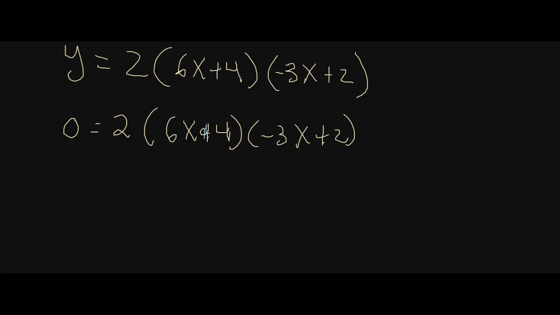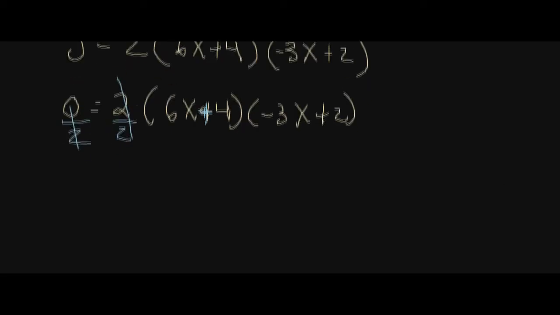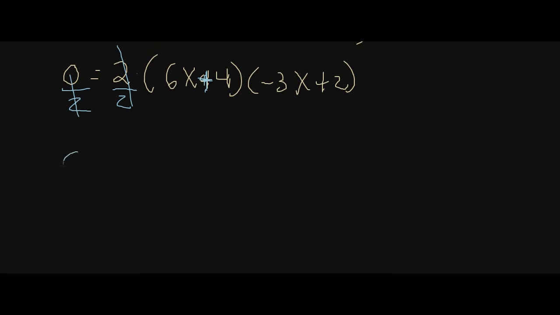How does this 2 affect things? Well, let's just divide by 2 and get rid of it. 2 divided by 2 is 1, and 0 divided by 2 is just 0. So that dilation doesn't affect our equation at all. And we're going to get (6x plus 4) times (negative 3x plus 2).